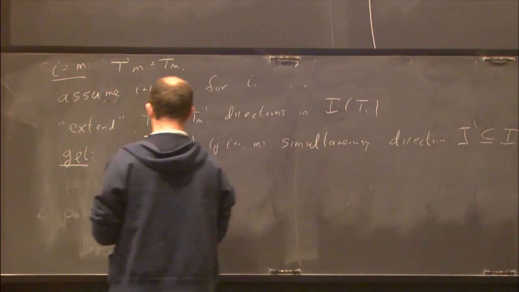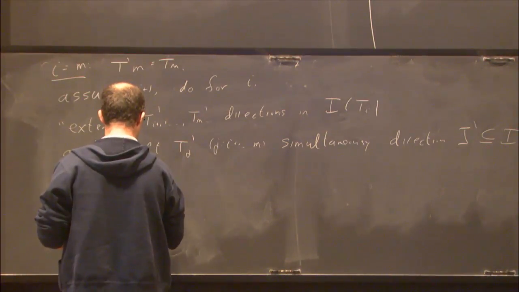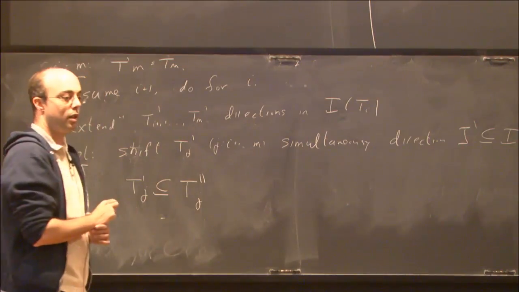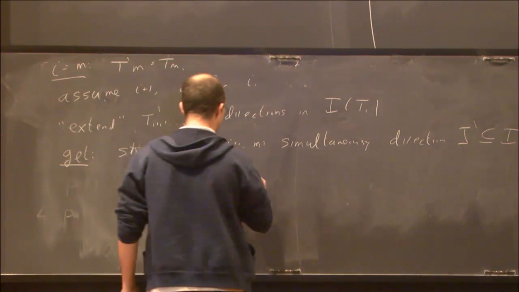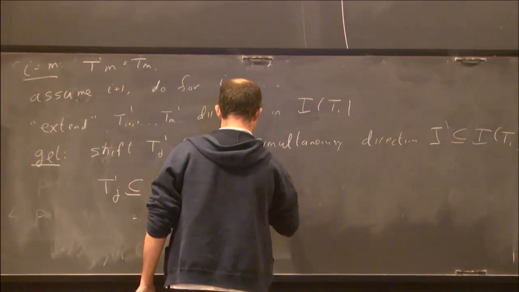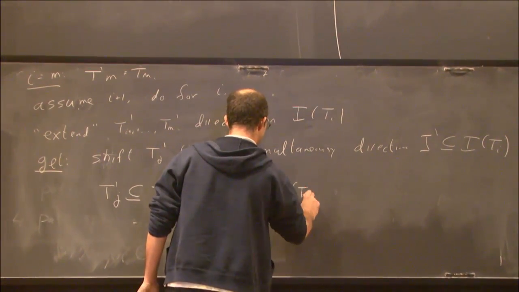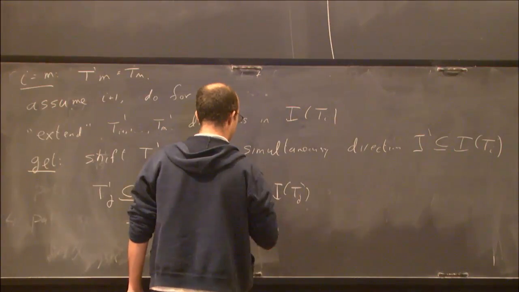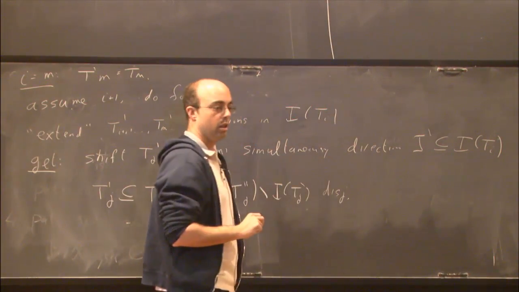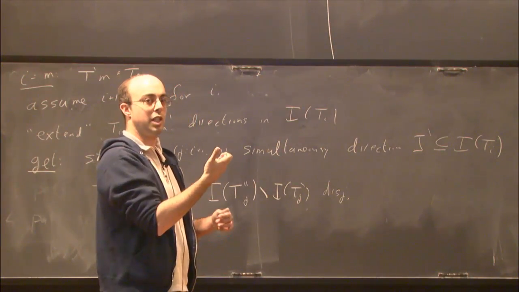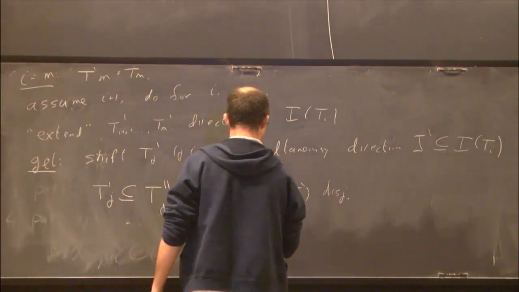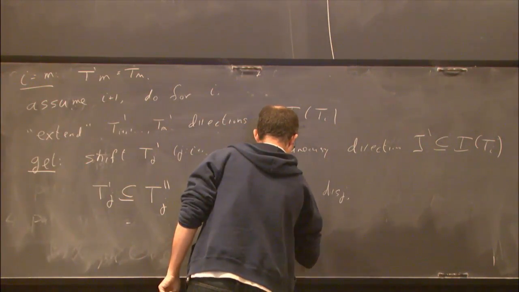And we extend them, so T'_j is now a subset of T''_j. And I know that I(T'_j) minus I(T_j) are all disjoint, because whenever I saw a sensitive edge, I just added it to one of these trees. So they're all disjoint.